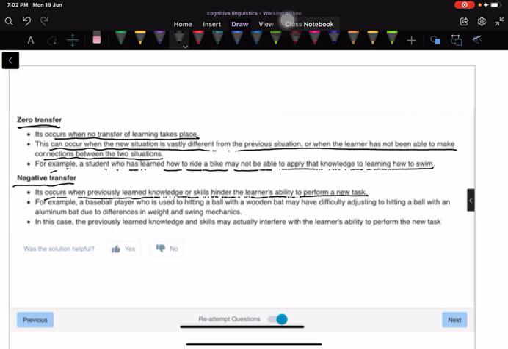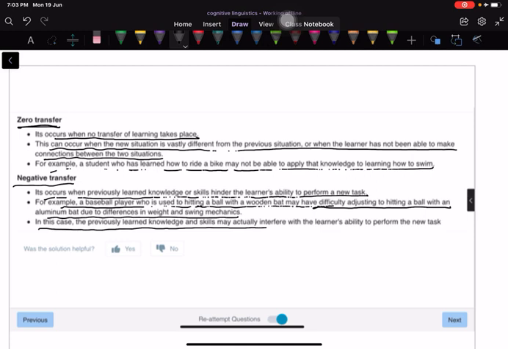Negative transfer occurs when previously learned knowledge or skills hinder the learner's ability to perform a new task. For example, a baseball player who is used to hitting a ball with a wooden bat may have difficulty adjusting to hitting a ball with an aluminium bat due to increase in weight and swing mechanics. In this case, the previously learned knowledge and skills may actually interfere with the learner's ability to perform the new task.